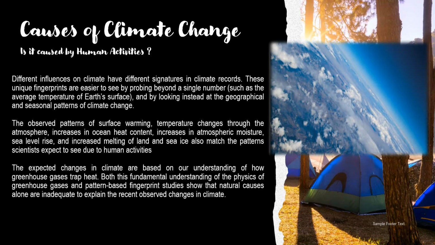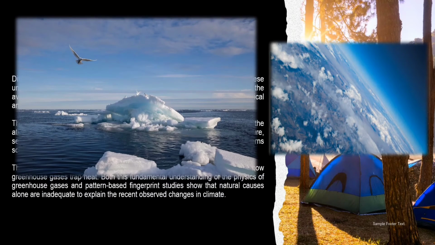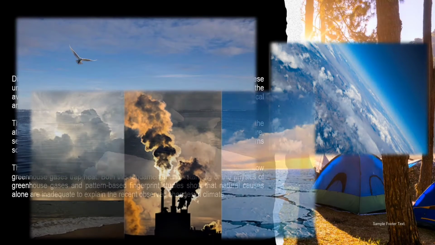The expected changes in climate are based on our understanding of how greenhouse gases trap heat. Both this fundamental understanding of the physics of greenhouse gases and pattern-based fingerprint studies show that natural causes alone are inadequate to explain the recent observed changes in climate.